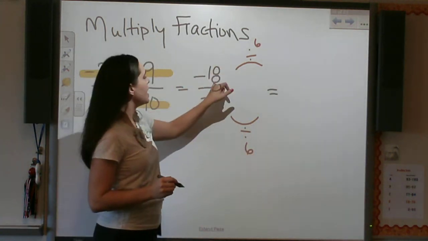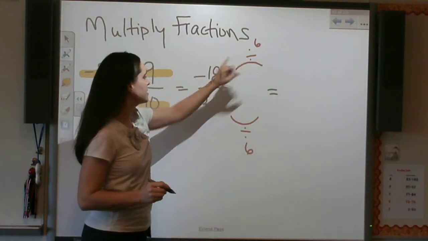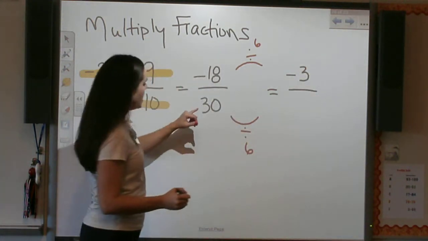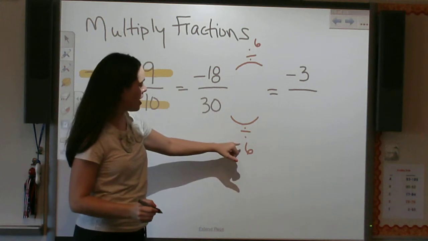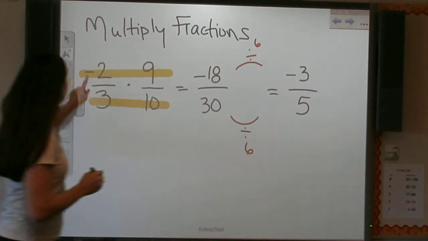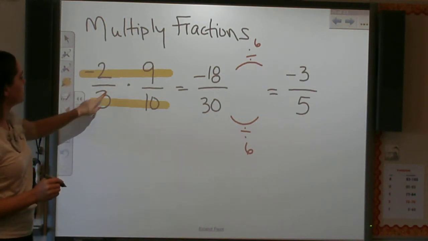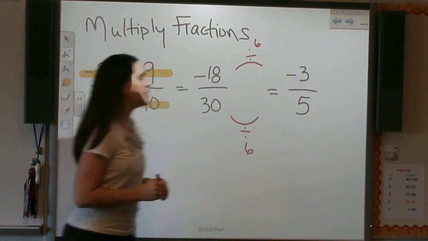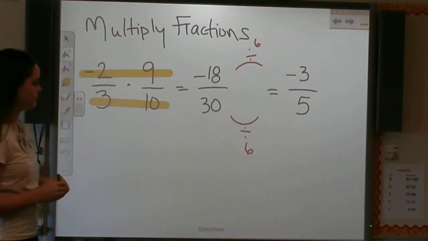Negative 18 divided by 6 is negative 3, and 30 divided by 6 is 5. So negative 2/3 times 9/10 is equal to negative 3/5.